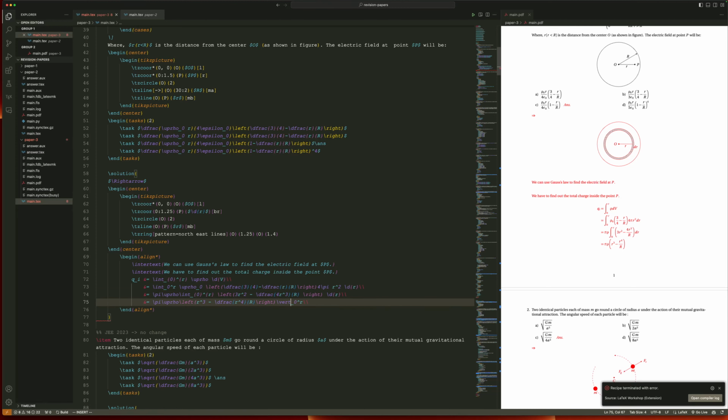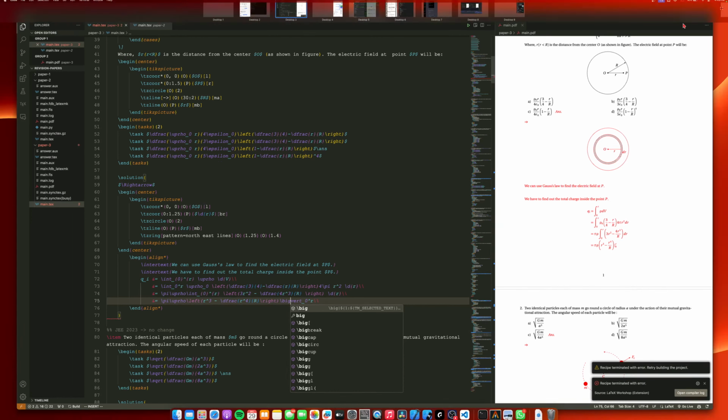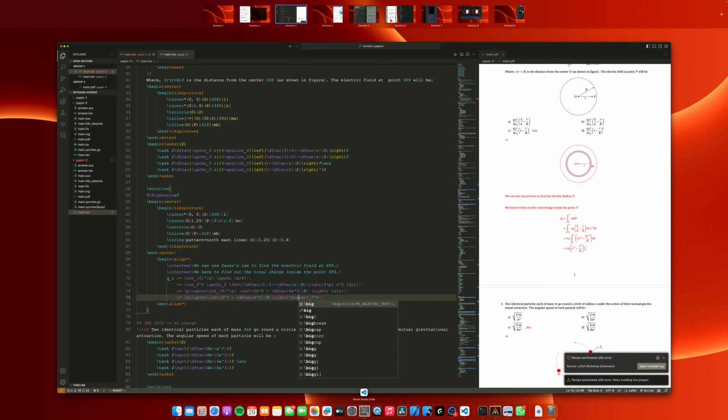Let's say vert. Vert means I think vertical line. So a small right vert should be there. So what will be the command for big vert? Let's say big. Sometimes it works. I don't know. Let's ask Copilot.